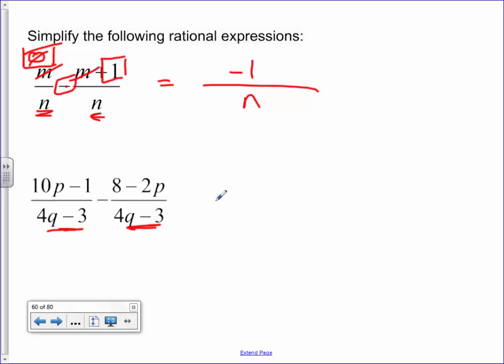So let's try the next one. It's got the same sort of thing. The bottom of the fraction is going to be 4q minus 3 because it's already in common. Here there is a negative 1, and you're going to minus 8. Negative 1 minus 8, how much is that? Negative 9. Negative 1, subtract 8 more means you have a negative 9.